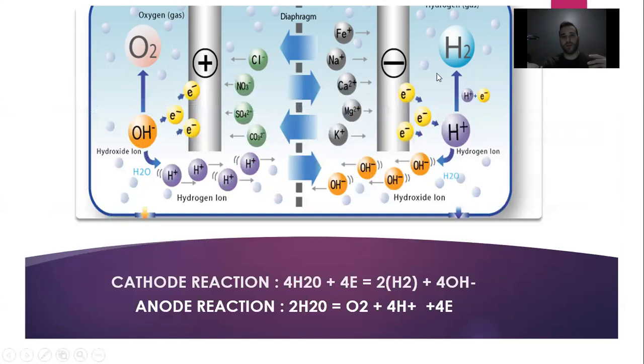And the more electrons you can pump into the water, the more concentrated this process will be. So for example, if you have a machine that puts out 1 amp versus a machine that puts out 2.5 amps, you're going to be putting a lot more of these electrons in the water, and you're going to be producing a lot more of this guy right here, H2.